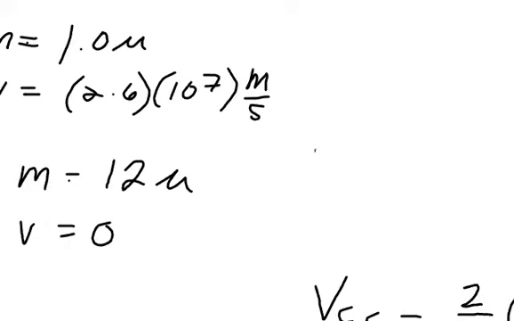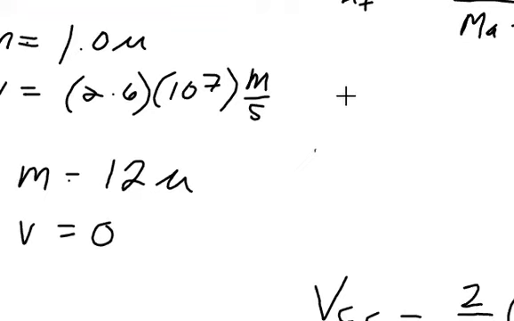All right, this is going to be the velocity of A final, which is the neutron, equals mass of A minus mass of B, divided by mass of A plus mass of B, times velocity A initial.